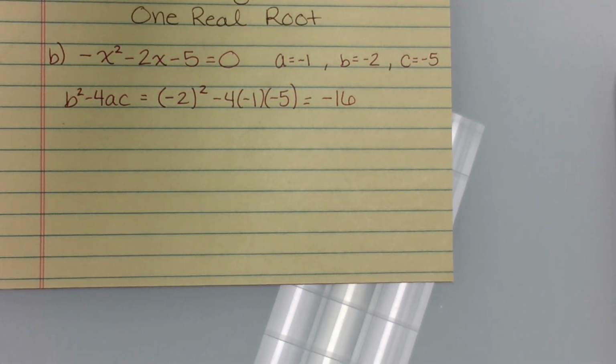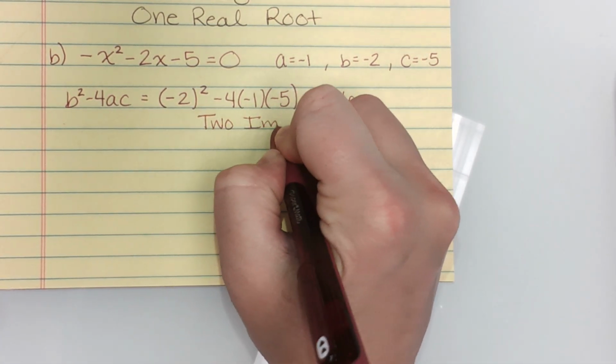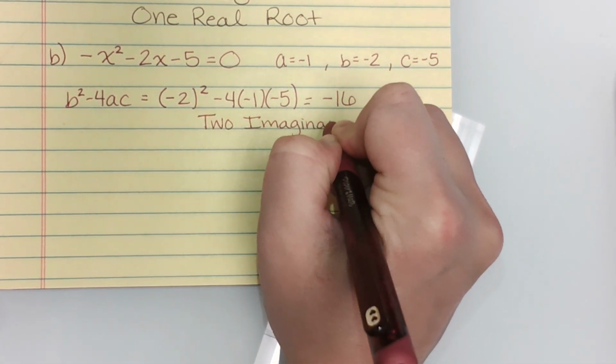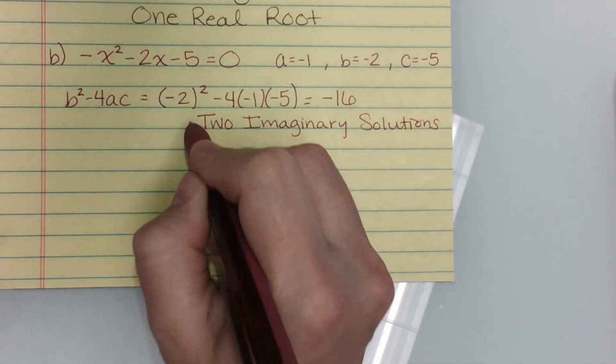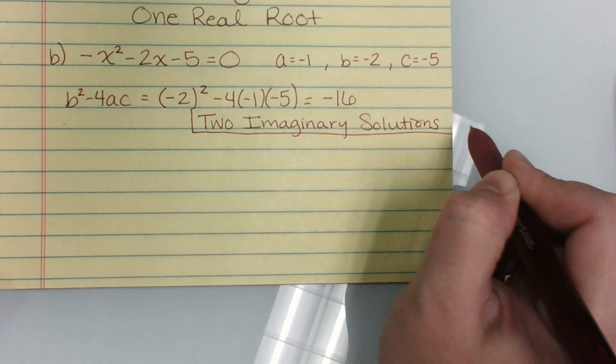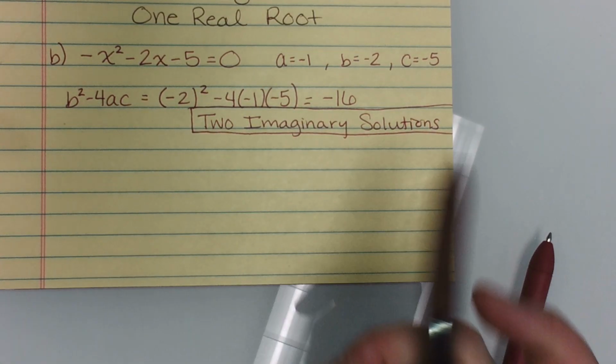If the discriminant is negative 16, how many and what type of solutions are there? 2 imaginary solutions. Or roots, or zeros, or x-intercepts. I don't care which it asks about.